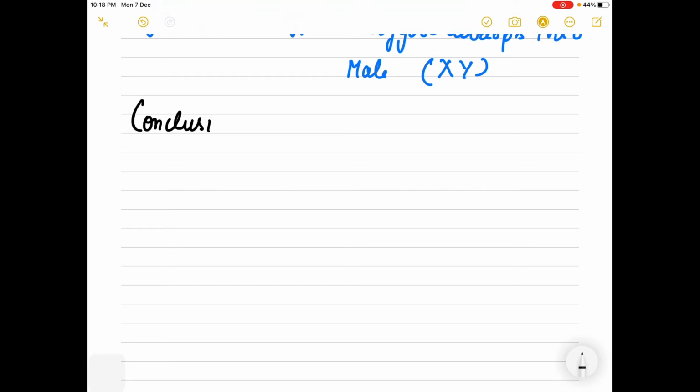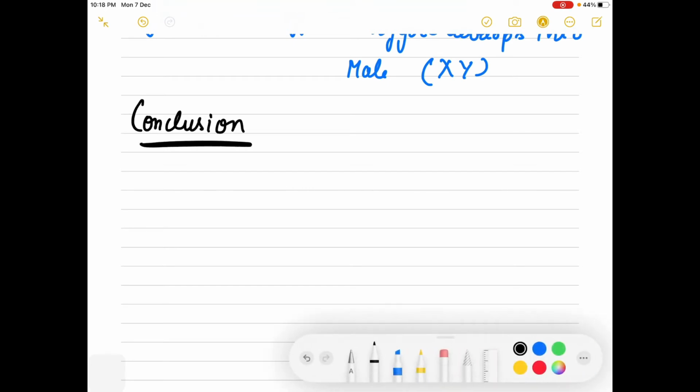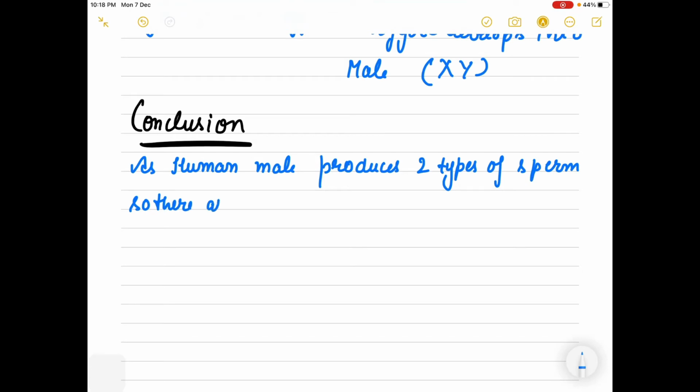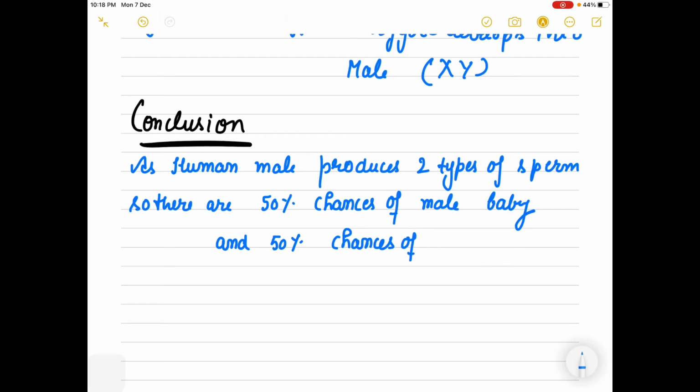What is the conclusion? Because the human male produces two types of sperms, there are always 50% chances of having a male baby and 50% chances of having a female baby.